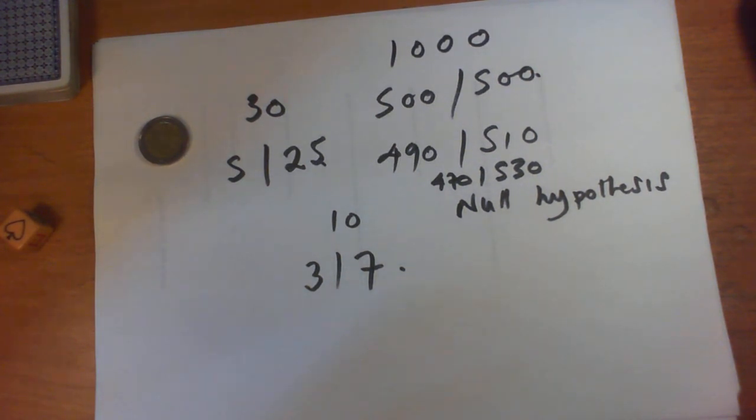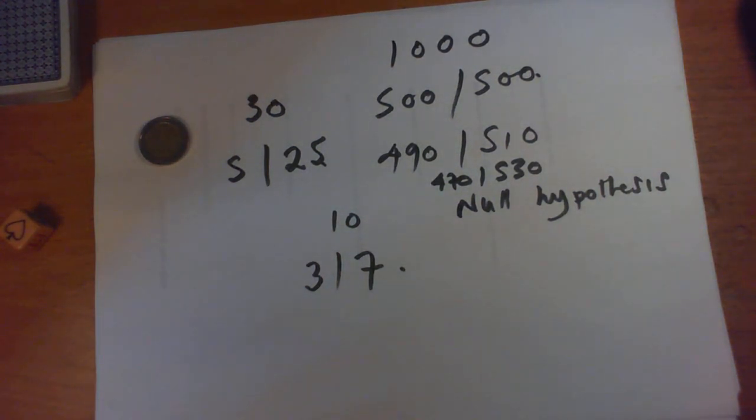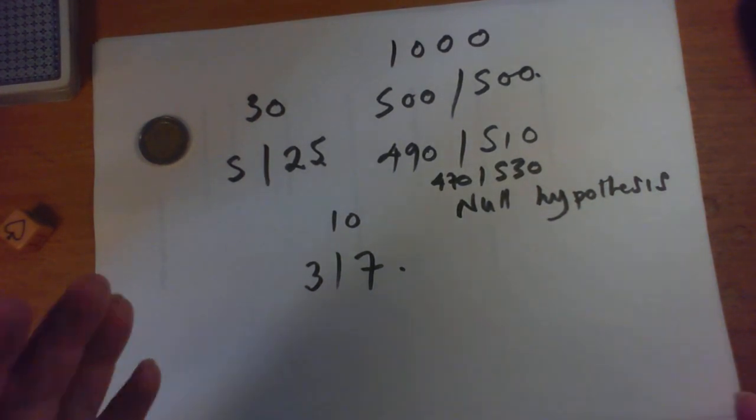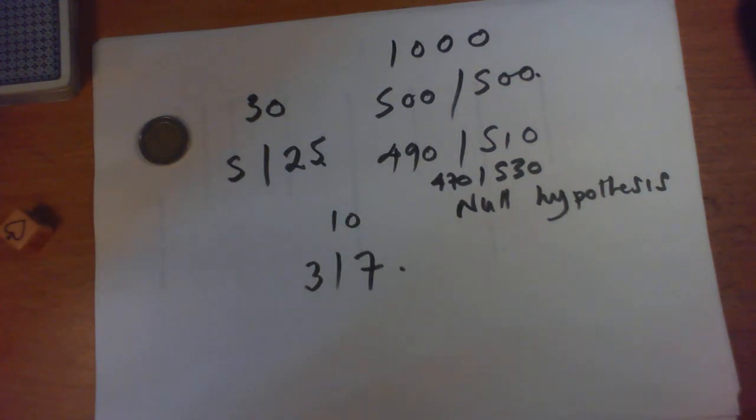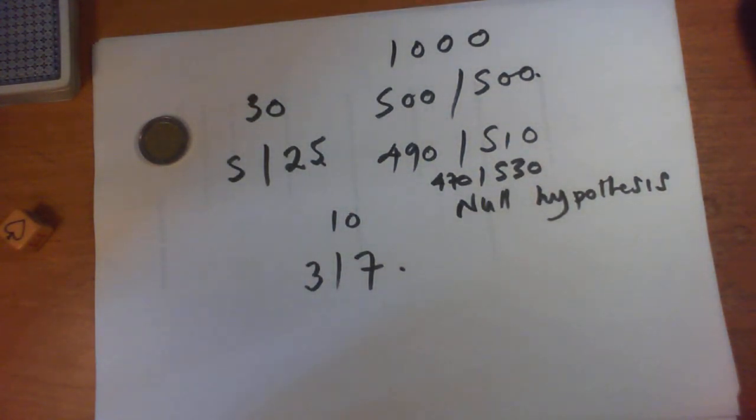Unfortunately, at GCSE level, they never actually give you the tools to put any figures on this. So it's really a case of, okay, if you're presented with this, you say, that's not too far from a 50-50, so I'll go with the null hypothesis. It's all very hand-waving. At a higher level, you would actually put some figures on it.